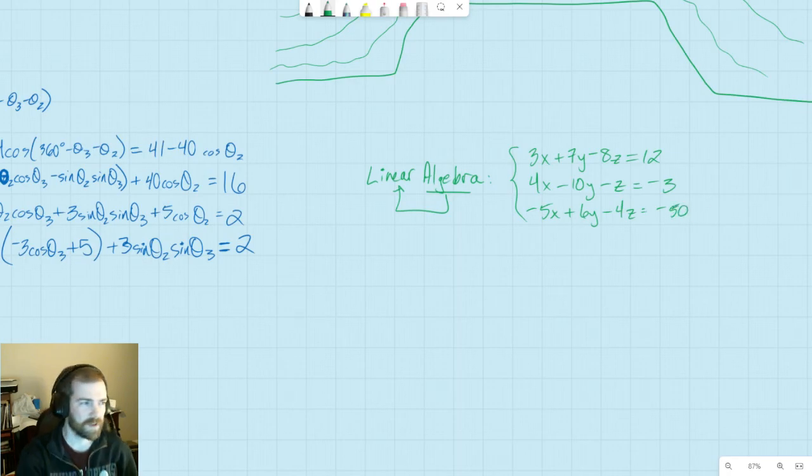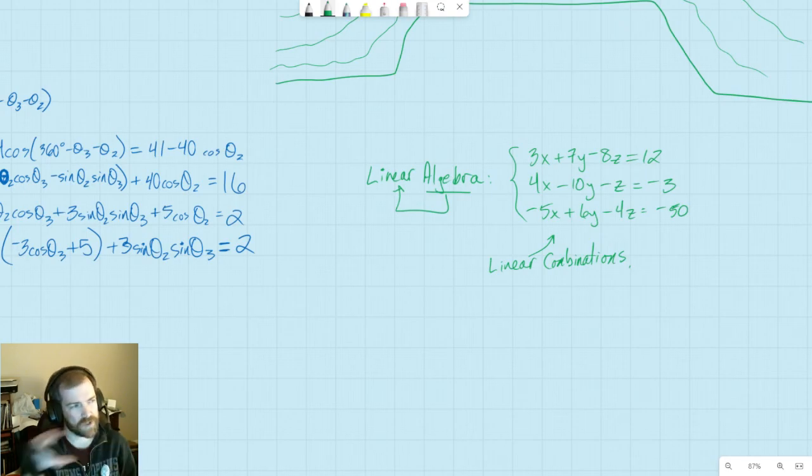Something like this. You end up getting what's called a linear combination of the individual variables that you have. So you're adding some constant multiple of each of the individual variables in your system to get some sort of result at the end.